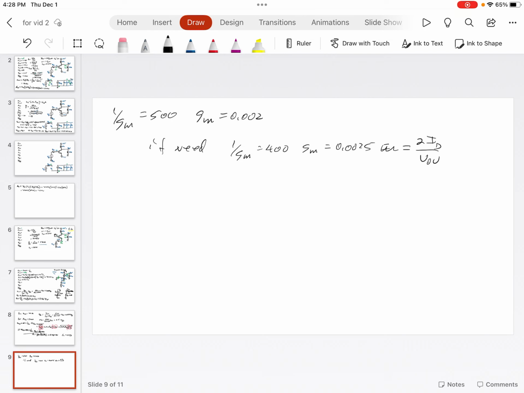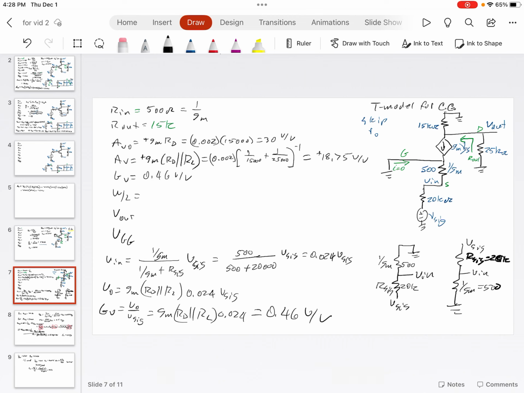So GM is equal to 2ID over V overdrive, and so then current would be 313 microamps. But now R naught, which is VA prime times L over ID, was 120K. Now it's going to be 20 times 1.5 over 313 microamps, and it's 95K.